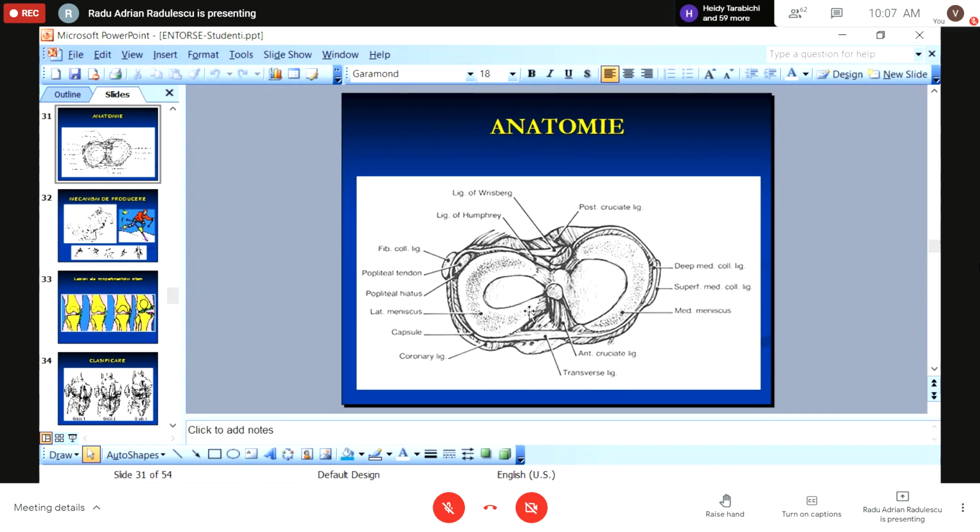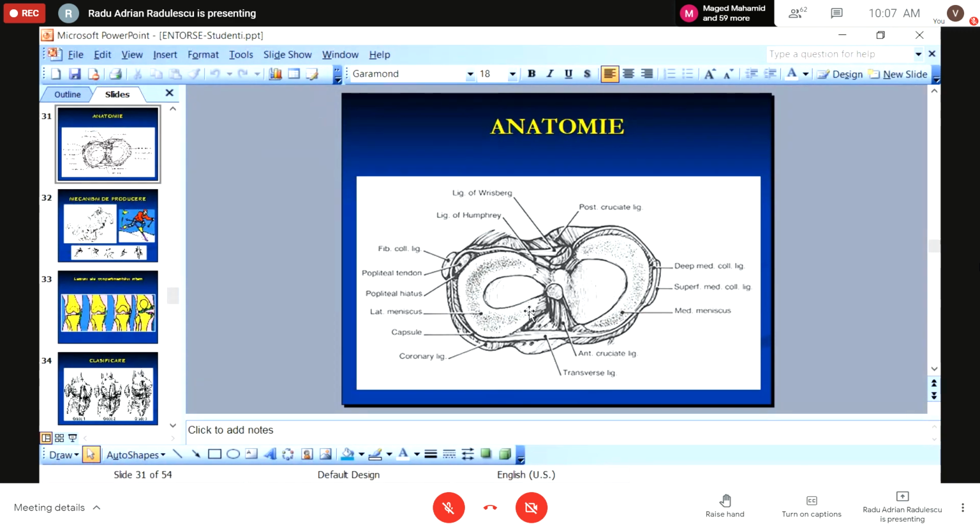The radius of the femoral condyle is smaller than the radius of the concavity of the tibial plateau. That means that without these menisci, the contact between the femoral condyle and the tibial plateau would have been possible only in one point in the middle.